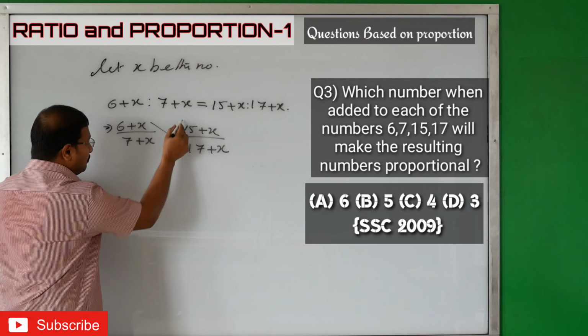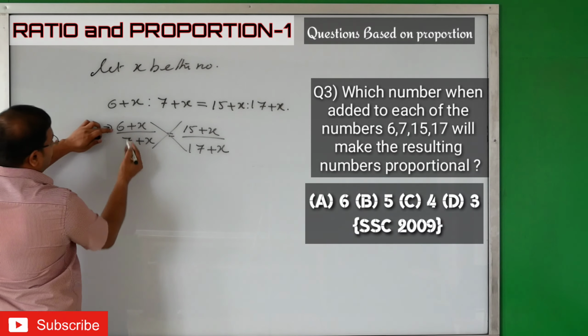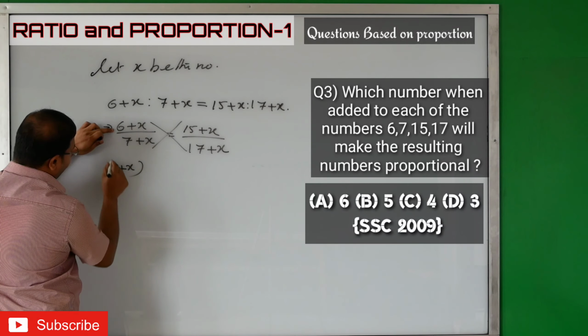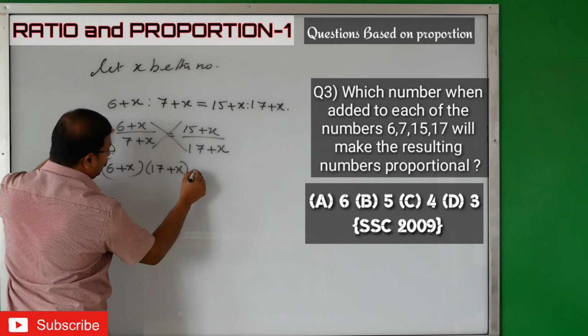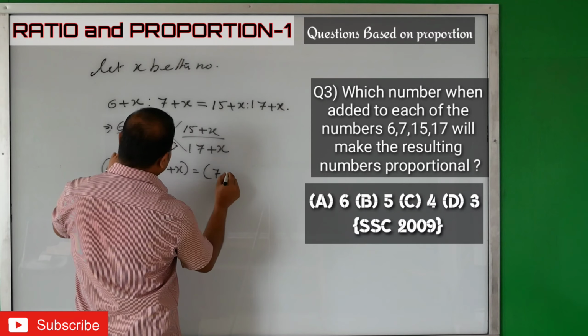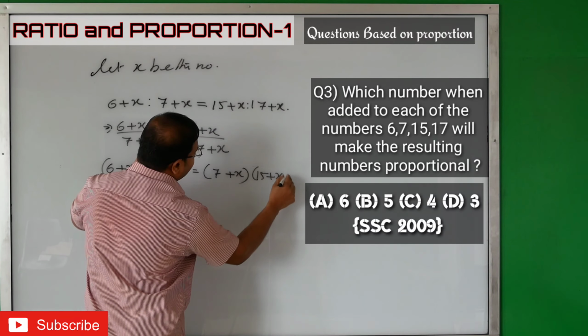Will cross multiply. Ready? That means 6 plus x into 17 plus x equals 7 plus x into 15 plus x.